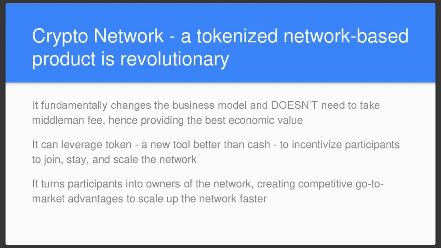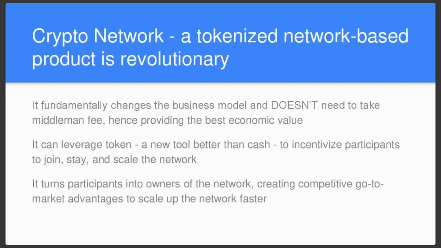Because you don't take the middleman fees, the savings can be returned back to the network participants. That means a fully decentralized crypto network provides the best economic value, and whoever provides the best economic value will eventually win.